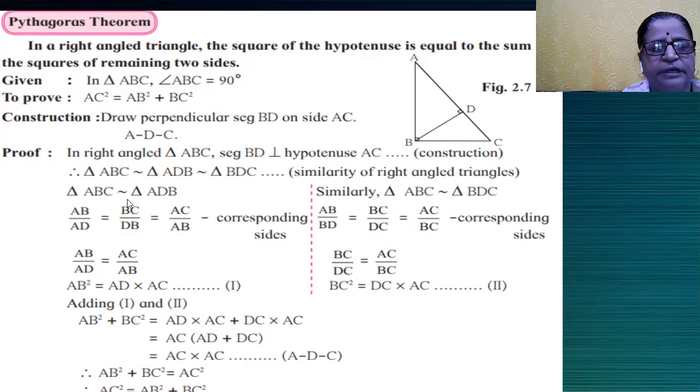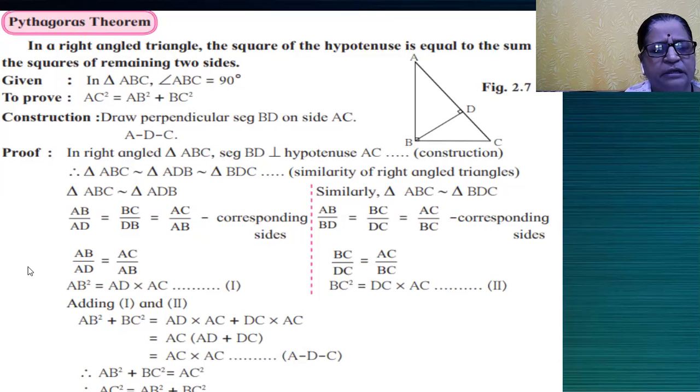So AB divided by AD, BC divided by DB, and AC divided by AB. These are corresponding sides and they are in proportion.